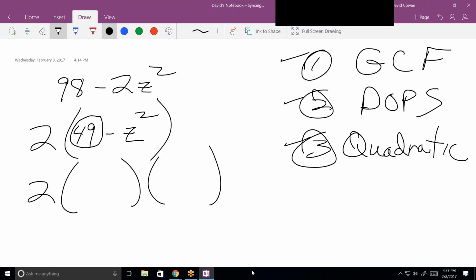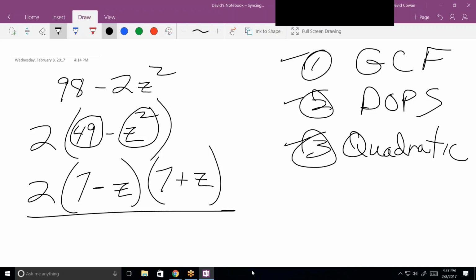Oh, wait, no. Put 7 there. Always put the minus as the first. What's the square root of z squared? Z. What's the second term? 7 plus z. There's your answer. In other words, always go in this order, and this will never fail you. Alright.